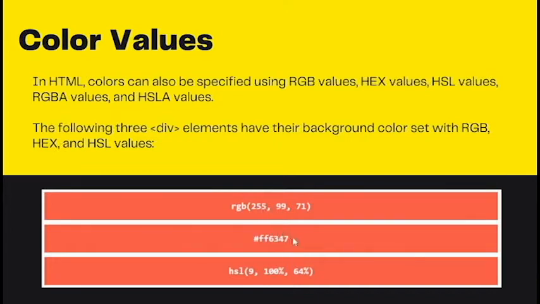You can also use hexadecimal values. And then HSL, which is hue, saturation, and I forgot the L, lightness. You can specify the values of your color if you want a specific color.